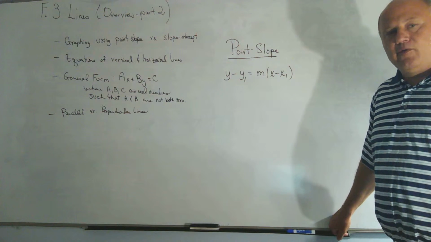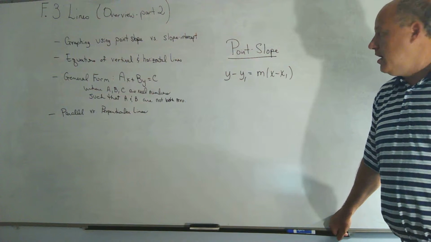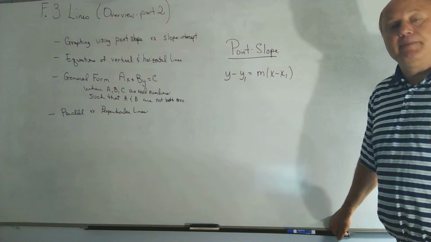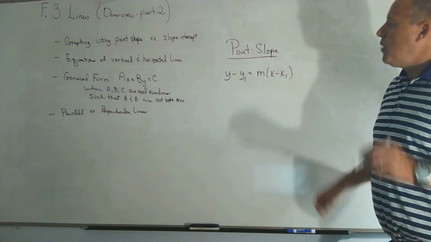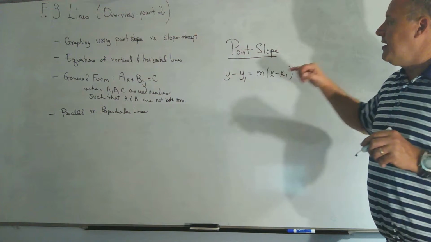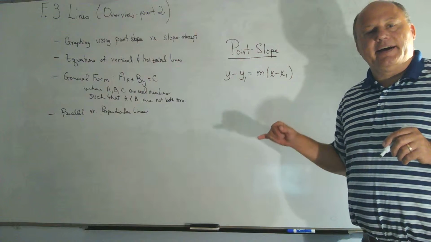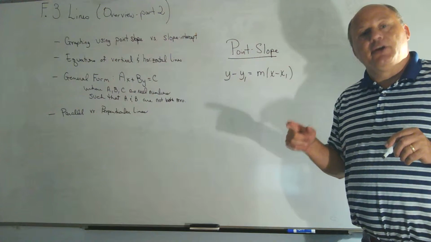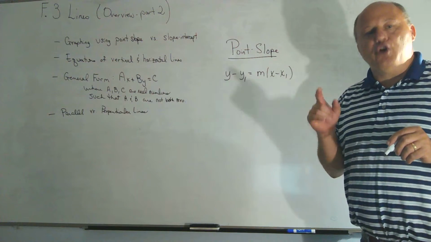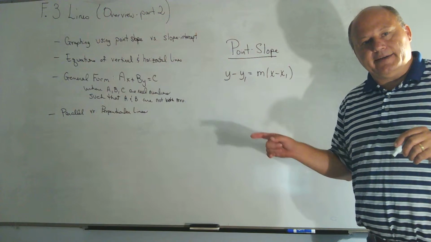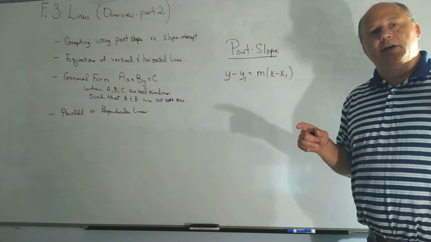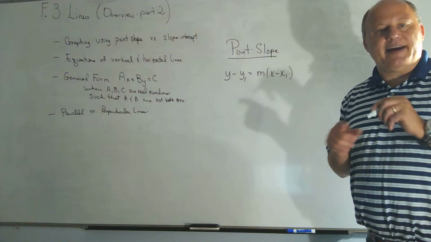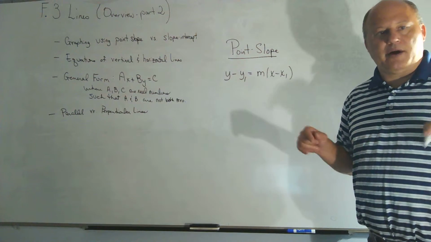If you looked at my overview part 1, that equation should look very familiar. It just looks different than what I wrote in the other one. What this formula does is allow you to come up with an equation of a line as long as you know its slope and a point on that line. That's all you need. You need one point and the slope of the line, and you can find the equation of the line, no problem.